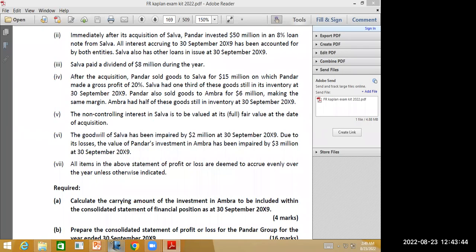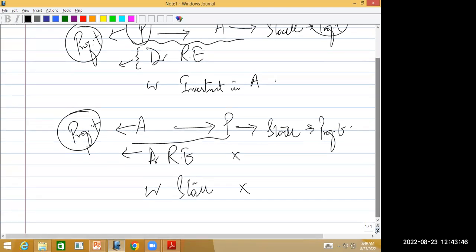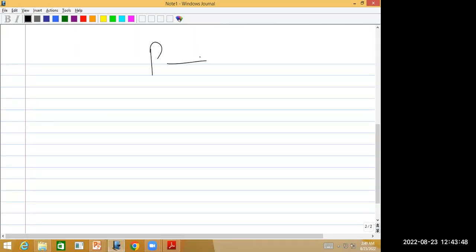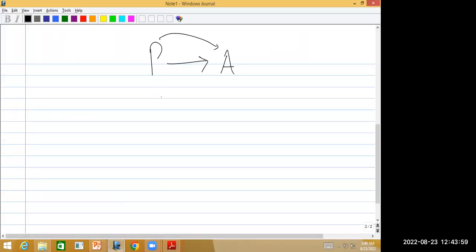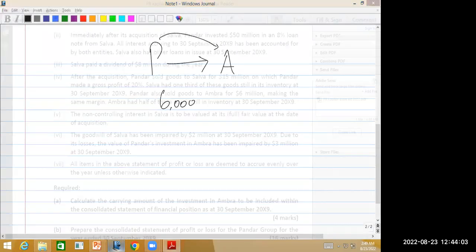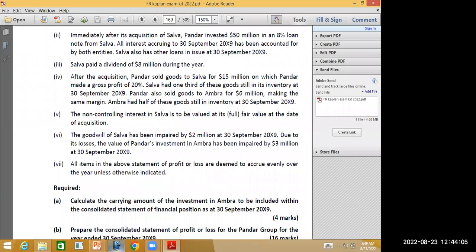The parent has sold goods to the associate company. It's a downstream adjustment. The parent is selling goods to the associate company. It's sold at a value of 6 million, and the gross profit percentage is 20%.